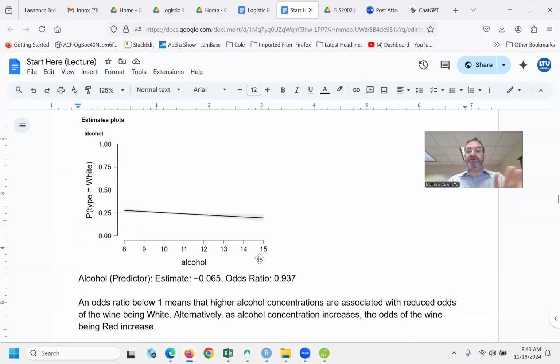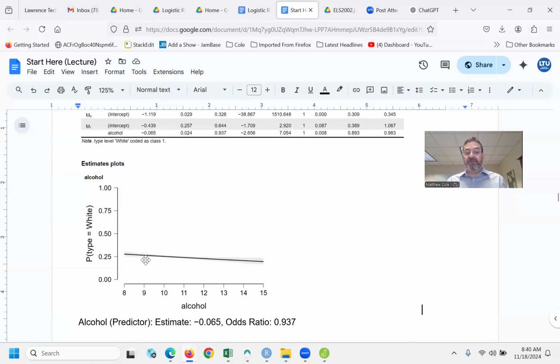So before we even interpret the odds ratio, just looking here, we can see that as alcohol concentration increases, as there's more alcohol in the liquid, the probability that the wine will be white is decreasing, right? If we have an alcohol concentration of 8, it starts at about a 26% probability that it's going to be a white wine, and then it goes down from there.